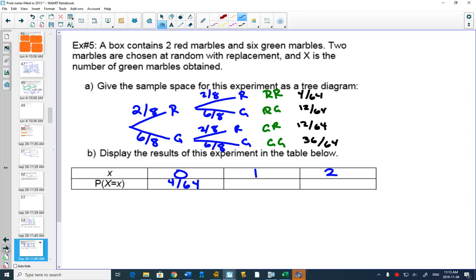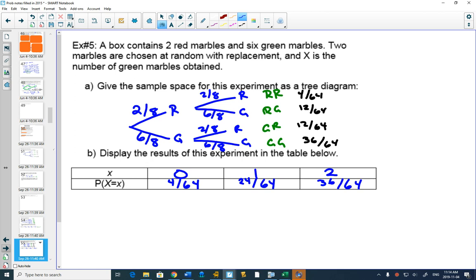So one green one, 12 out of 64 plus 12 out of 64 gives us 24 out of 64. And 2 green ones, 36 out of 64. Do they add up to 1?